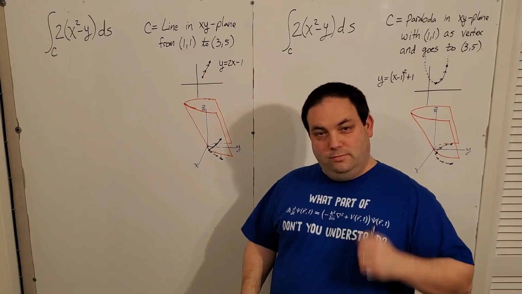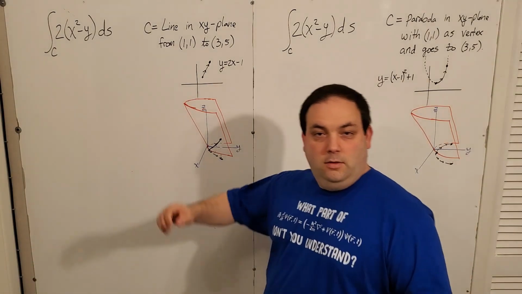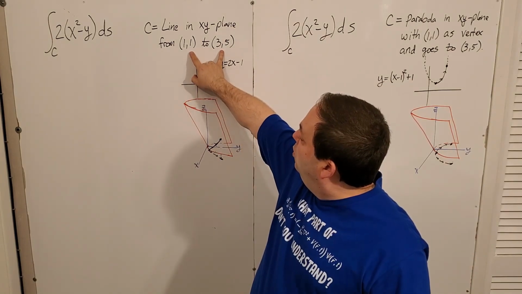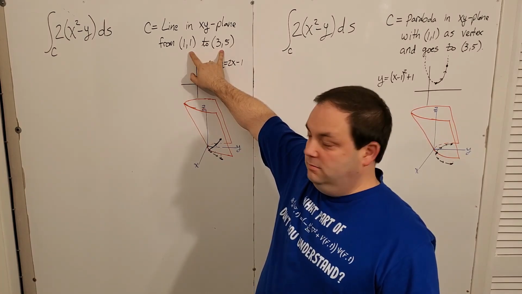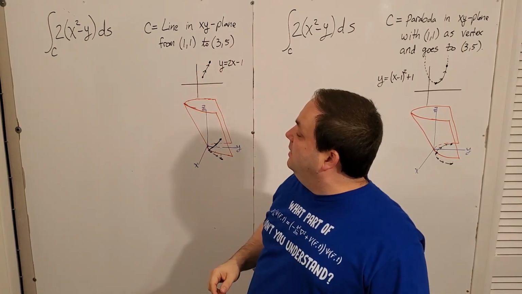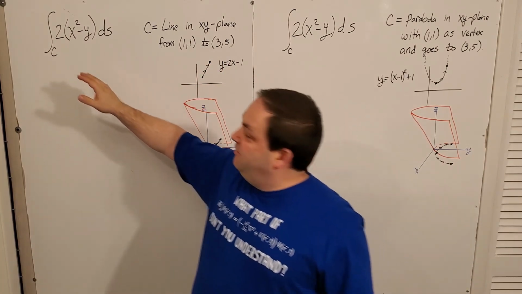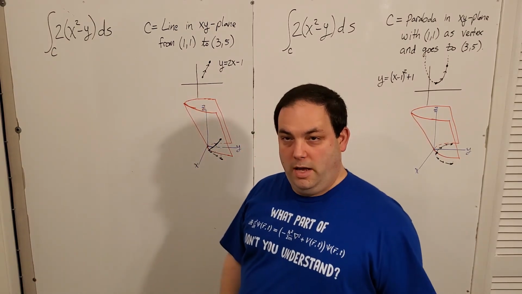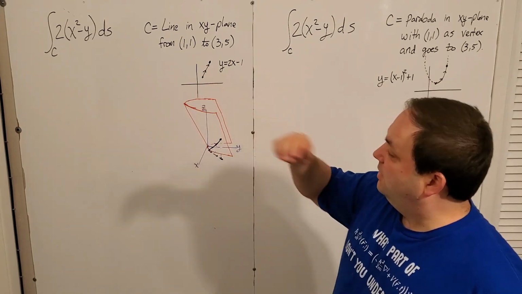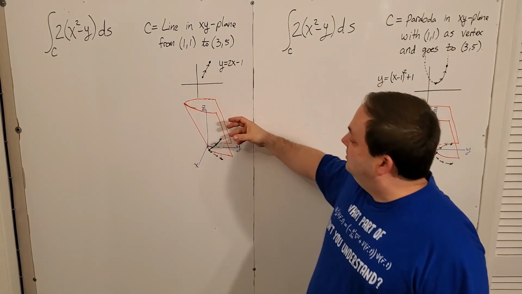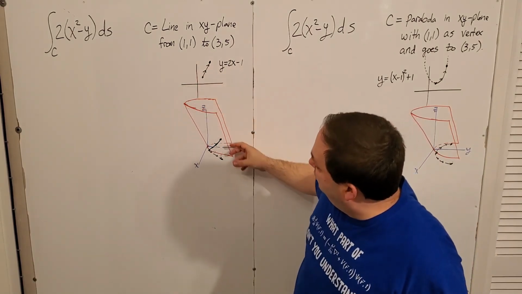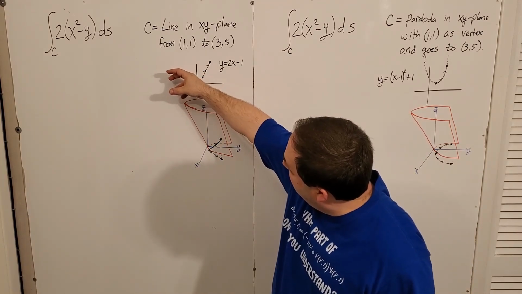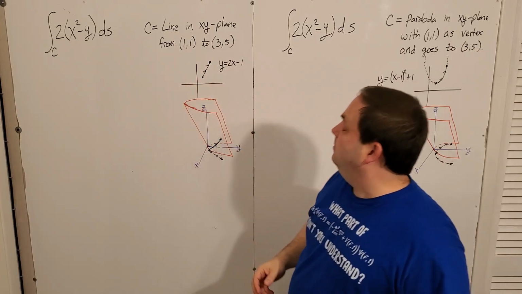First example, let's integrate along a curve in the xy plane between the points 1, 1 and 3, 5, and I'm going to integrate the function 2 times x squared minus y. Now 2 times x squared minus y is a parabolic cylinder, basically, where it's just moving sideways along the y-axis there.